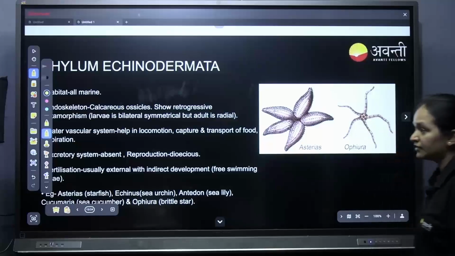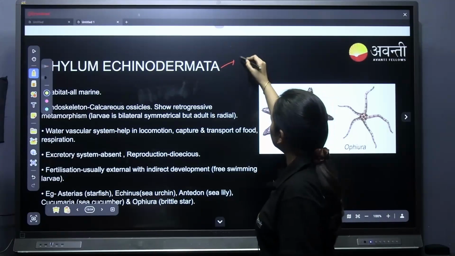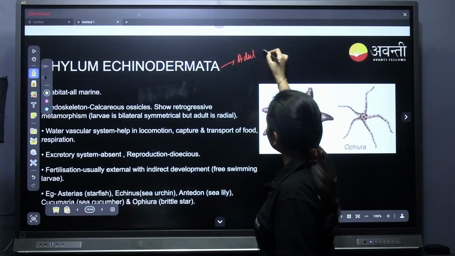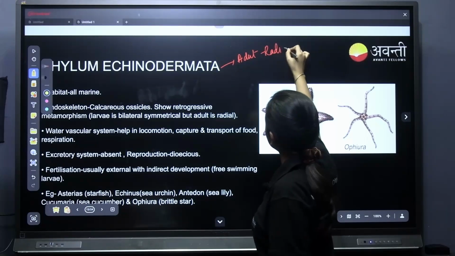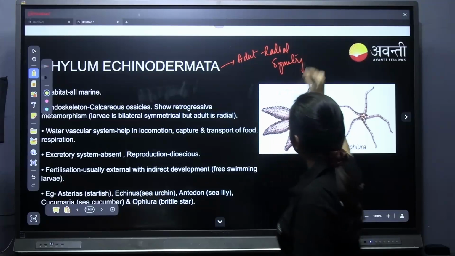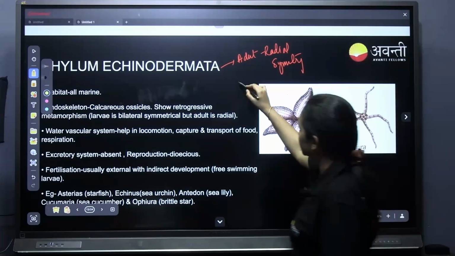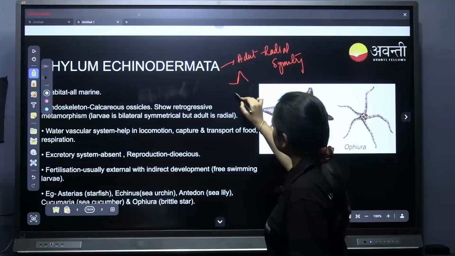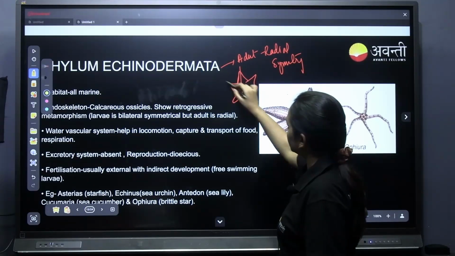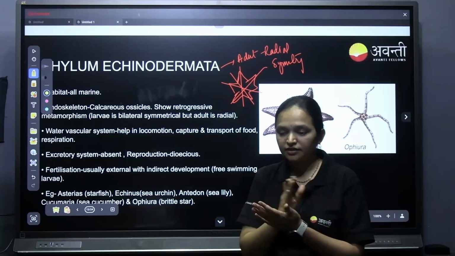Now we are going to Echinodermata. In Echinodermata, one of the important things I will tell you is that the adult stage has radial symmetry. If you see the starfish, as an example, you can divide it into many planes.